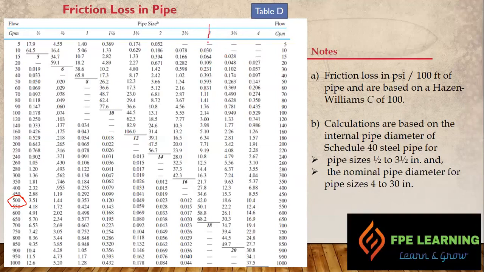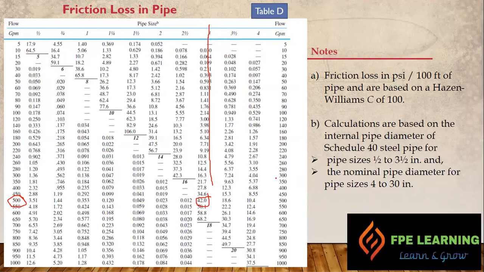So just go from this table all the way to the bottom and intersect these 2 points. This is our value, right? If you want to flow 500 GPM into a 3 inch pipe, we have a frictional loss of 42 PSI for 100 feet, because the pipe size is very small.